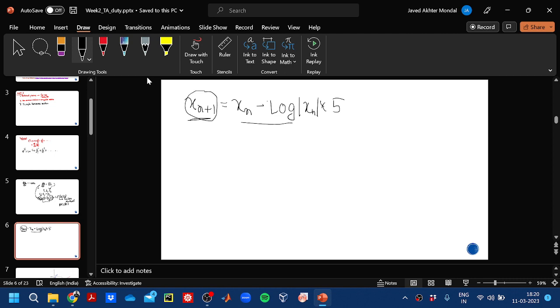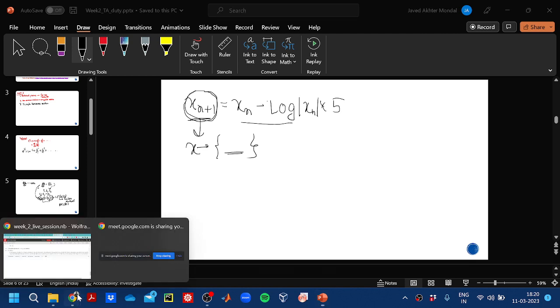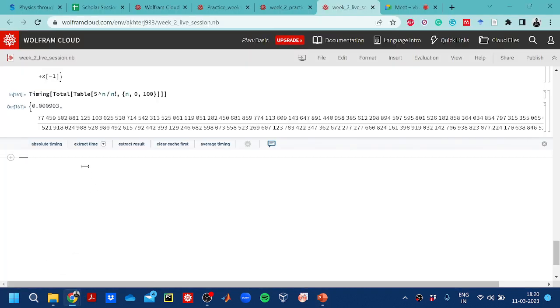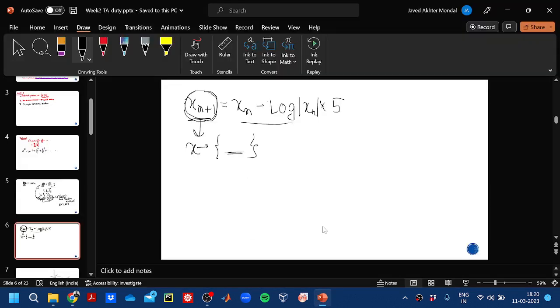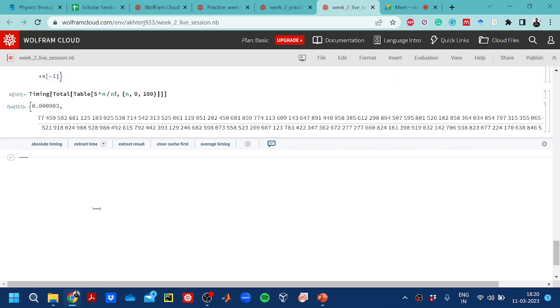If we want to see the list of all the values of x, then we have to use our for loop. So how will we solve that? Let us see. In this case, our update equation is x_n minus 5 log x_n.